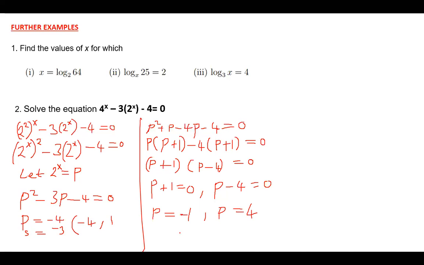So here what we have found is the value of p and not the value of x, because when we've been asked in this equation to solve, we are trying to find the value of x and not p. So how do we now find the value of x?